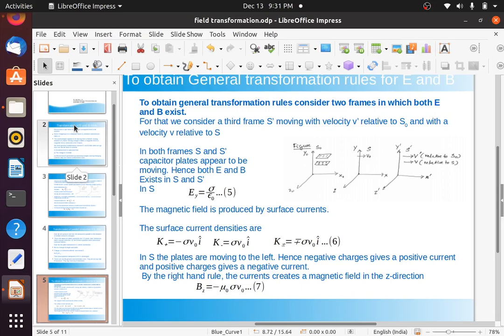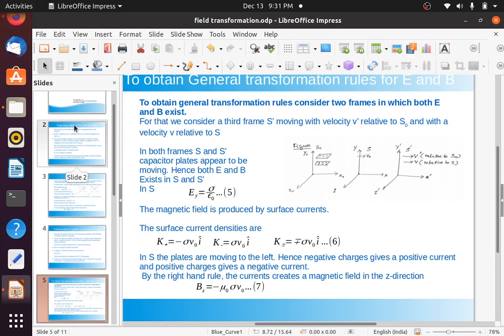The magnetic fields produced by the lower positive plate and the upper negative plate add together, and in total they create a field along the negative z direction between the two plates, which can be shown to be equal to Bz is equal to minus mu 0 sigma V0.